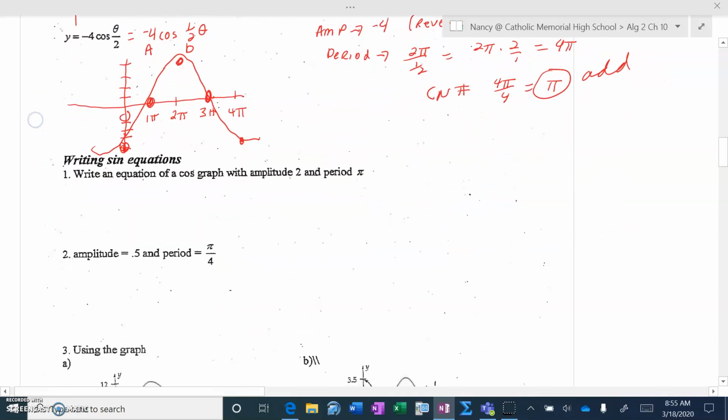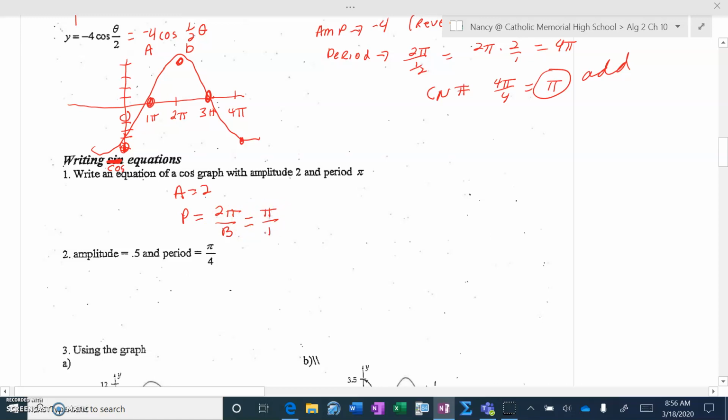So just like yesterday, and again, this is supposed to say cos equations, so I apologize. We're trying to write cos equations for a cos graph with amplitude 2 and period pi. So I know my A is 2, and I know my period, which is equal to 2 pi over B, is equal to pi.